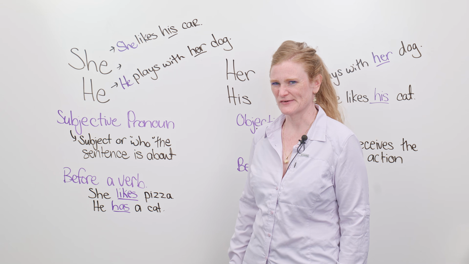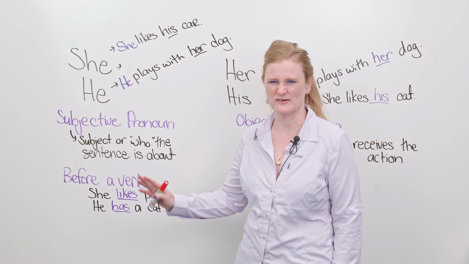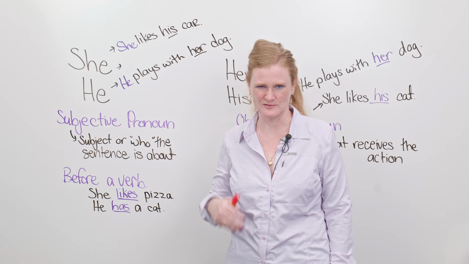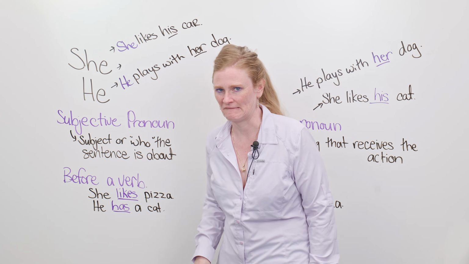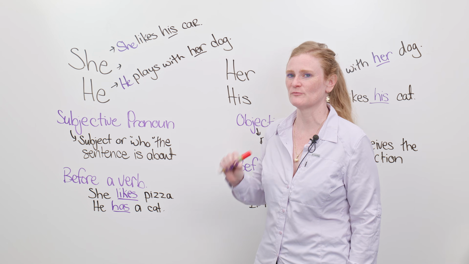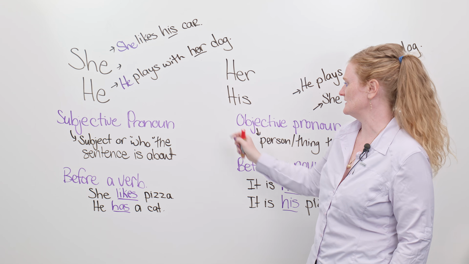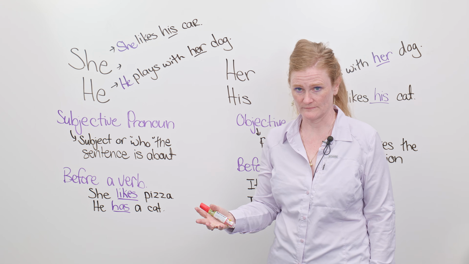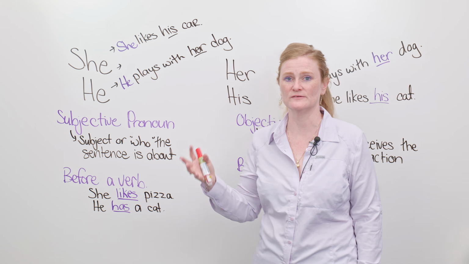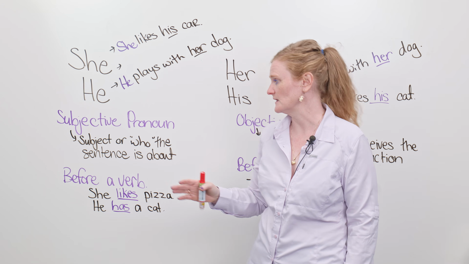Here's a little bit of grammar for you. And I hate grammar, so I'll teach you the grammar way, then I'll teach you my way. My way is easier. So, a subjective pronoun. As I said, she, her, he, and his are all pronouns. A pronoun basically replaces a person's name, okay?